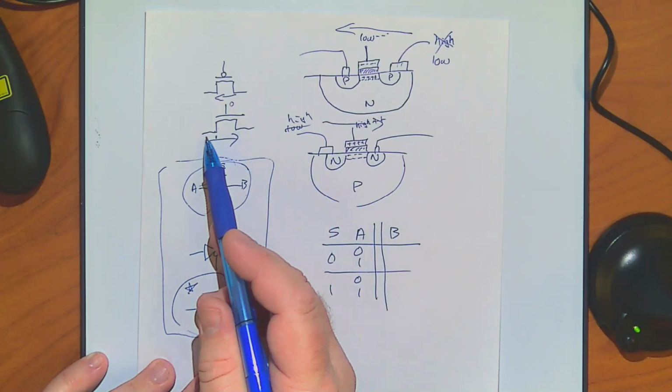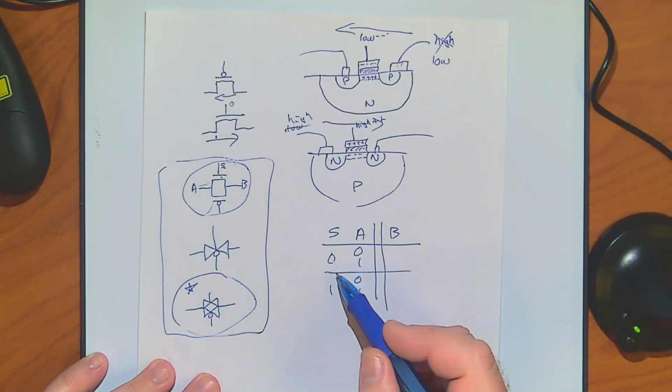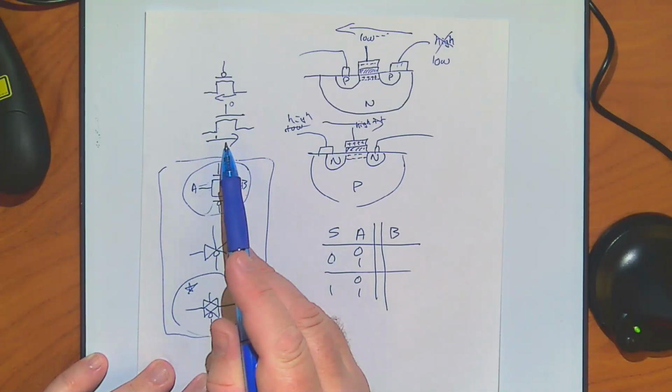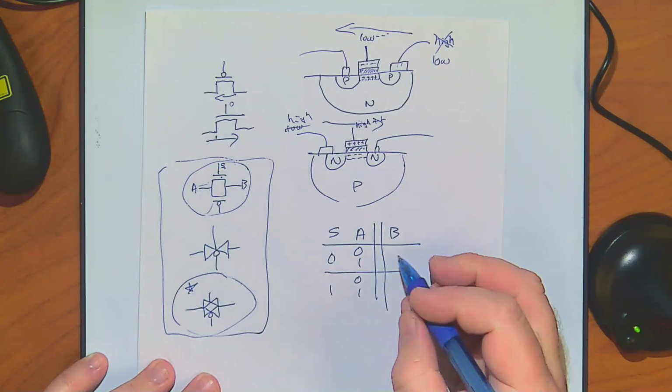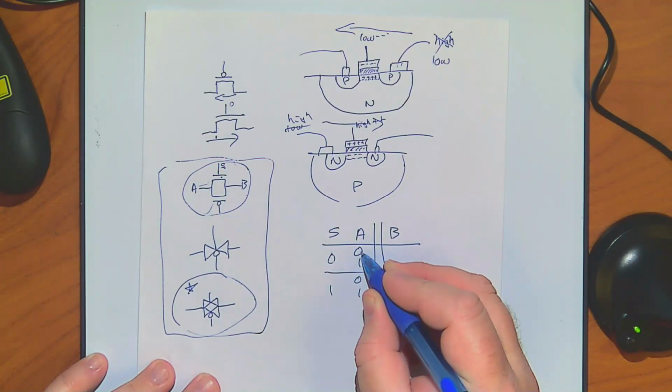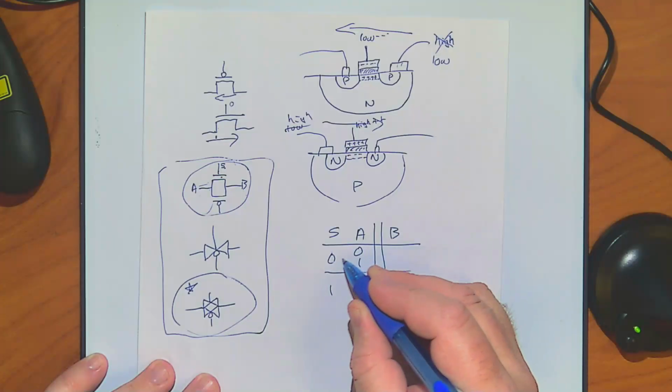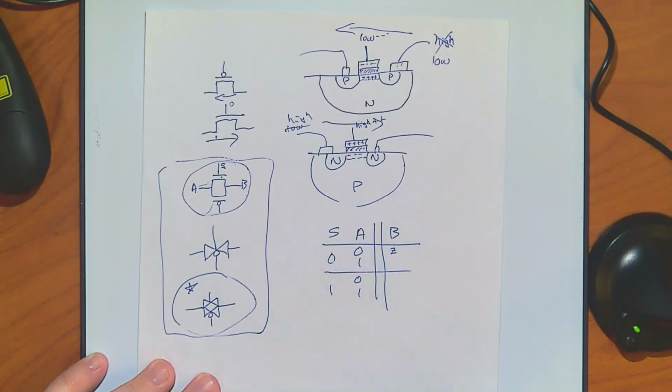It will be off, right? So it won't transfer. So when S is 0, it's off. And this gate transfers what? Ground or voltage? Ground. So this one right here is transferring ground, 0, but it's off. So we get kind of a Z here.